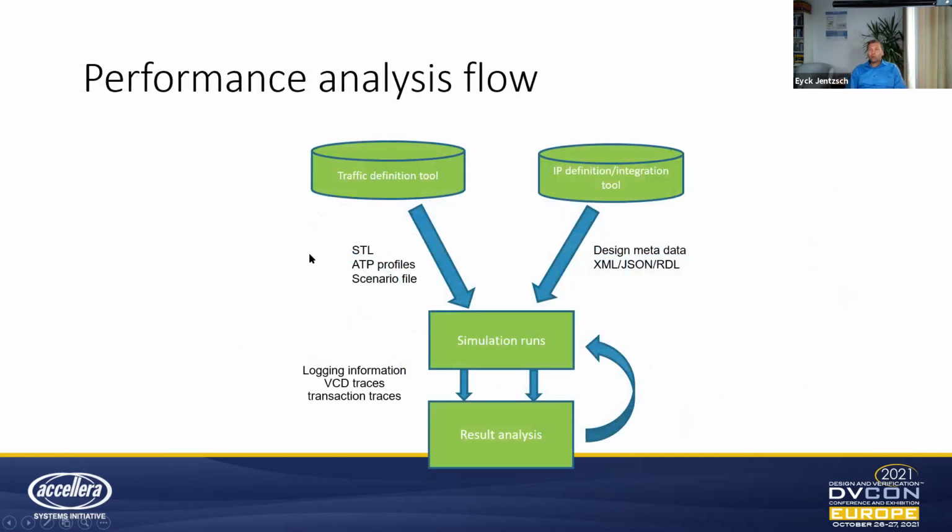What I would call the performance analysis flow that we are suggesting is that you start with some kind of a traffic definition. Here we see mainly what we are using at MINRES is a trace format called STL, or a traffic profile format that is defined originally by ARM called ATP.